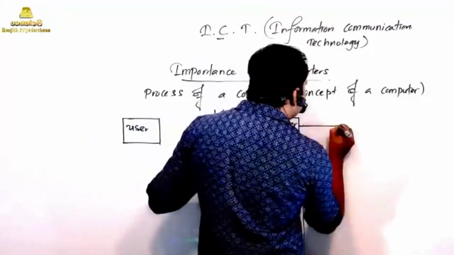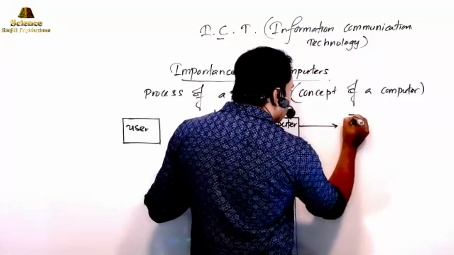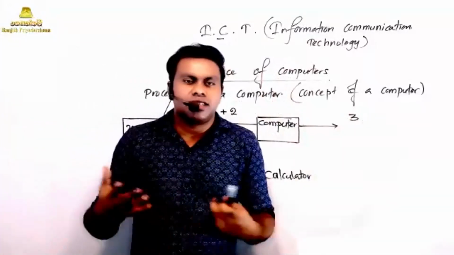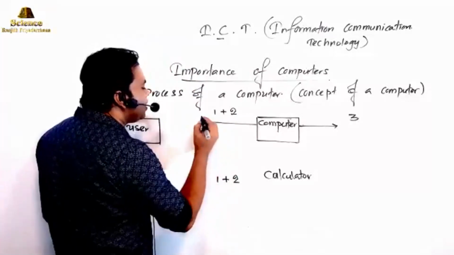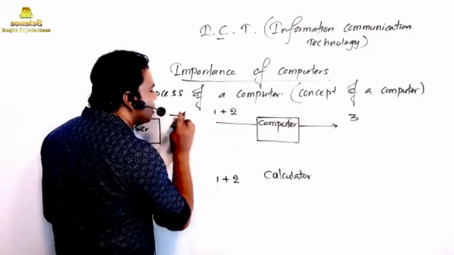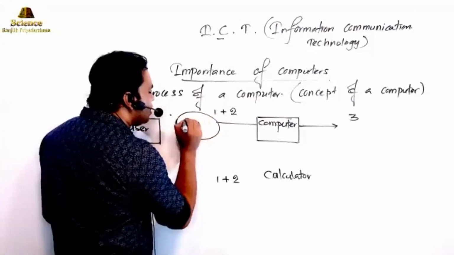Computer gives its output as what? 3. It gives the output as 3. So this 1 and 2, we call that they are what we give to the computer. මෙවට කියනවා පුතා අපි computer ට දෙනවා මොනවා කියලාද? Inputs.